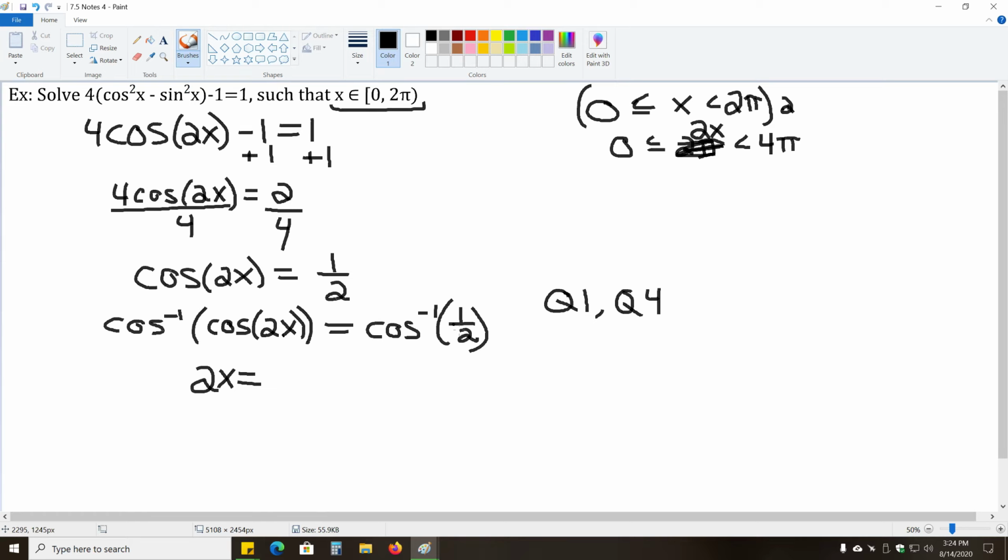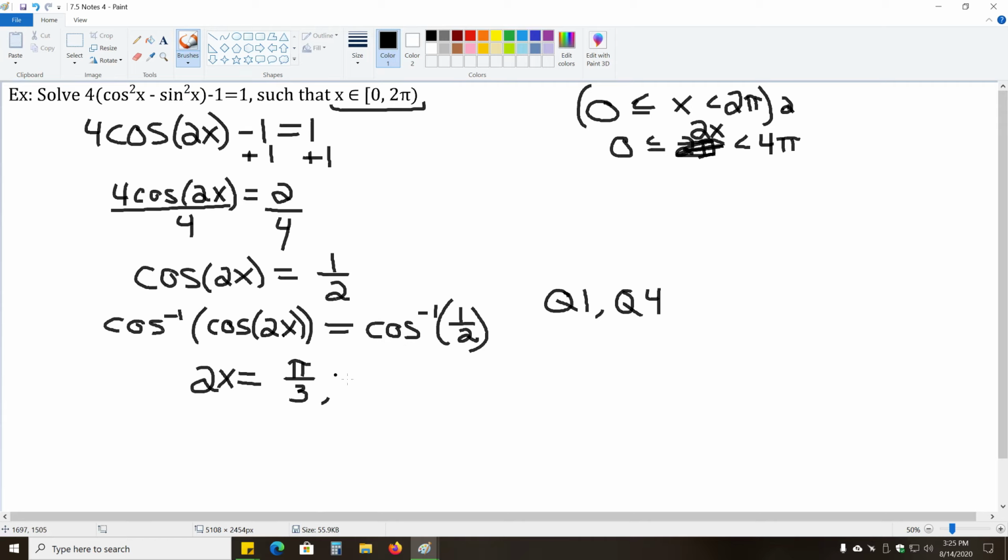So, quadrant 1 is the easy one. What angle in quadrant 1 gives us 1/2 in cosine? That's pi over 3. But now we need the angle in quadrant 4 that gives us a positive 1/2 for cosine. Because remember, in quadrant 2 and 3, it will give us a negative cosine value.